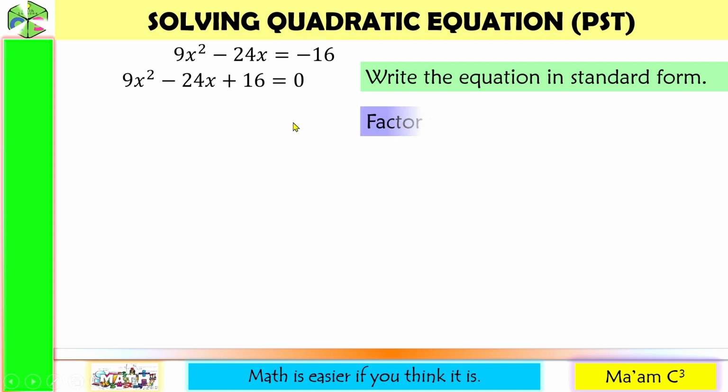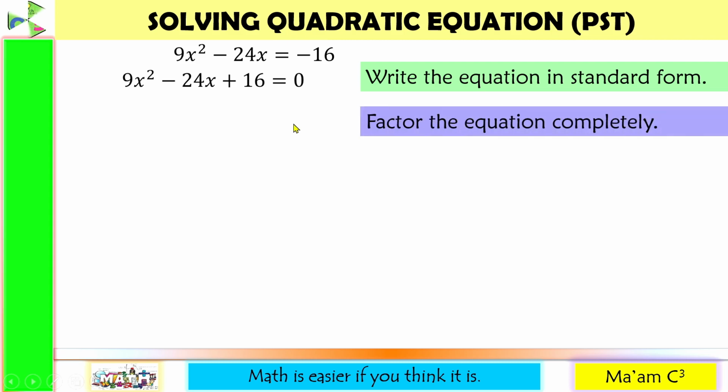Next step, factor the equation completely. First, let us examine this. Is there a common factor that we can factor out? 9, 24, and 16. There is none. Next, is this a perfect square trinomial? How do we determine? First, let us get the square root of the first term. That would be 3x.